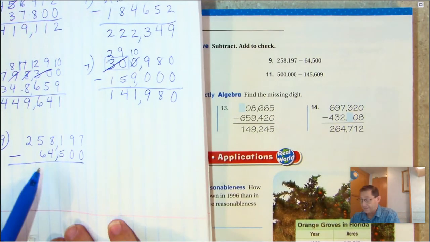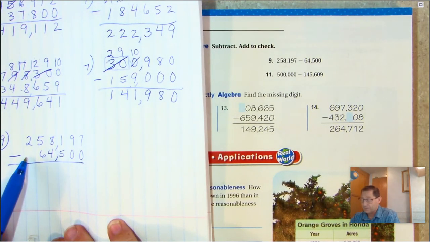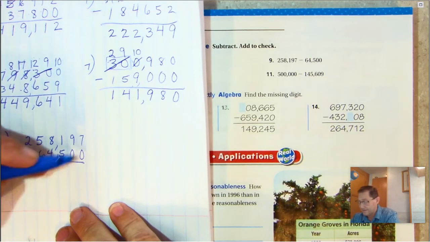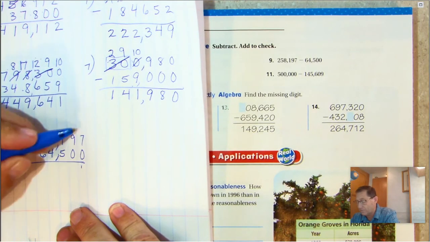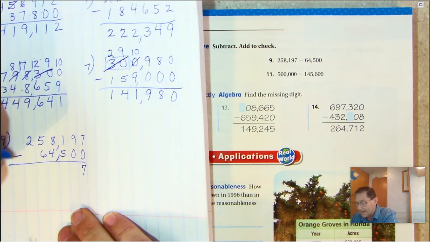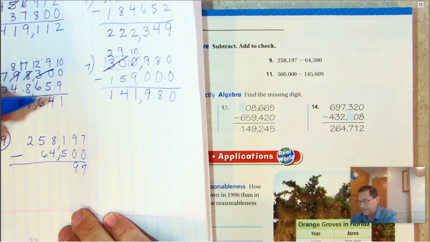So I notice here, if I lined up my numbers left to right, I'd be off. My values wouldn't line up properly. So we want to line up from the ones. 7 ones take away 0 ones is 7 ones. 9 tens take away 0 tens is 9 tens.